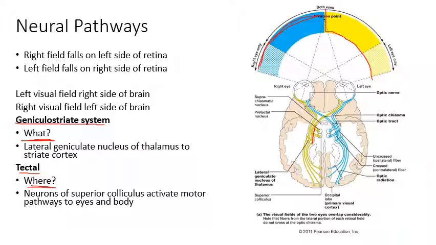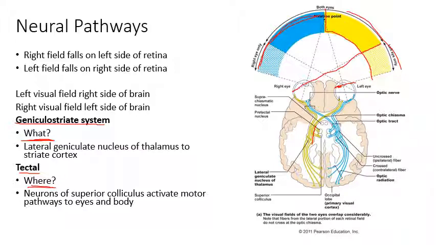As you can see, the light coming from the left visual field is going to hit the left eye in the medial location, and it is going to hit the lateral location in the right eye.